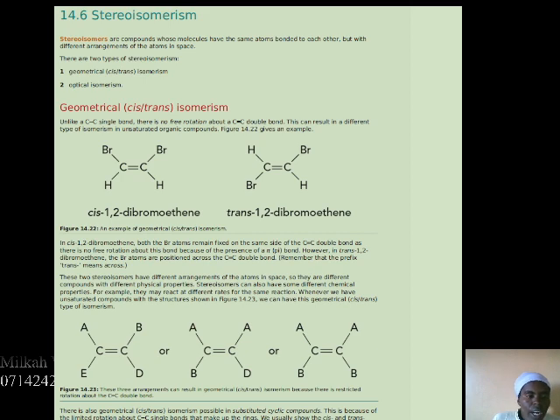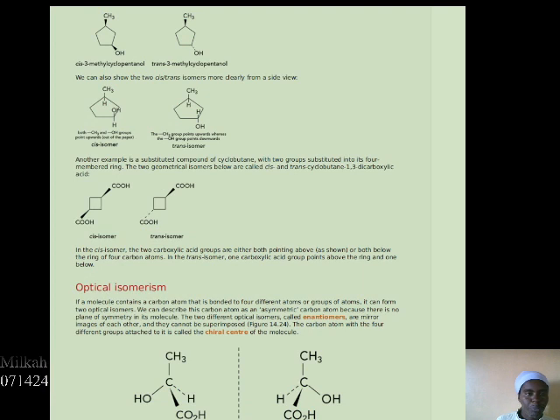We can also have different ones, like A, B, A: if you have two groups that are similar on the same side, it is cis, and if they are on different sides, they are called trans isomerism.